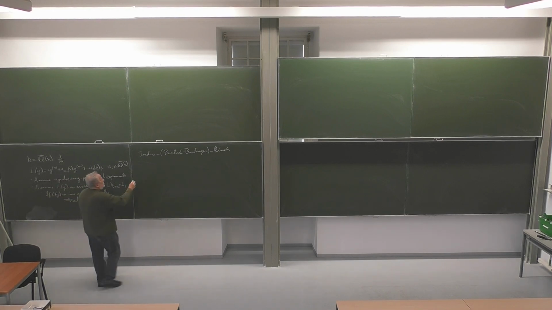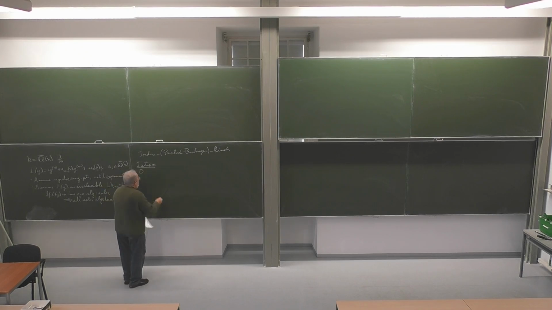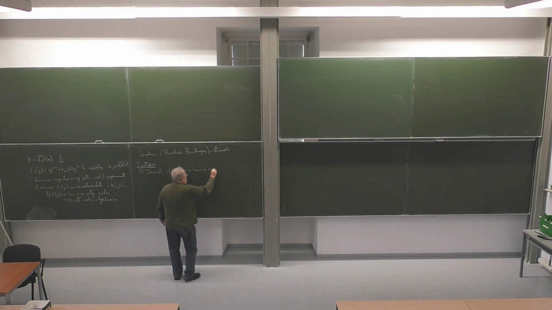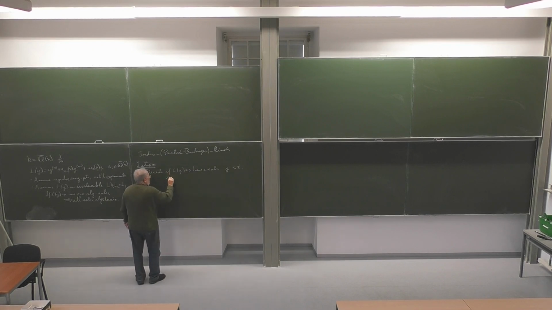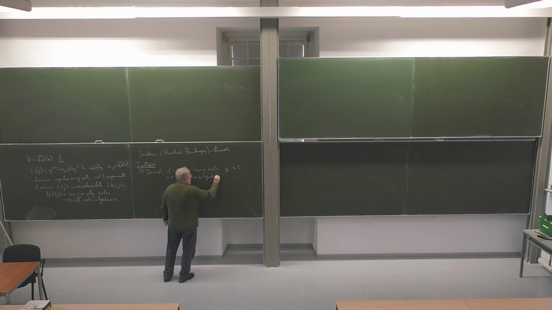It proceeds in two steps. The first step is to decide if L of y equals 0 has a solution y such that when you take the logarithmic derivative, it is algebraic.